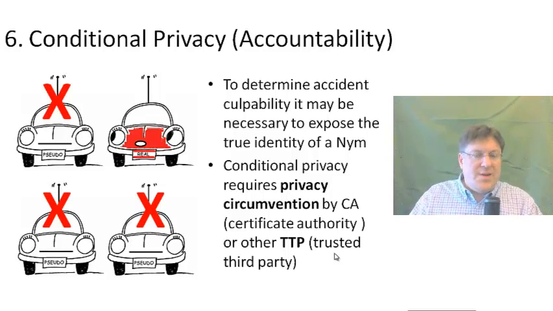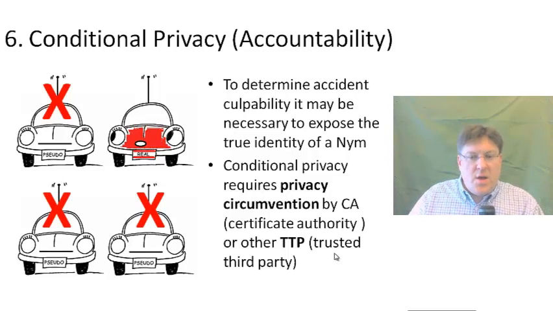Number 6, conditional privacy, we call accountability. Let's suppose there's an accident and somebody needs to find out. They know what the pseudo ID was, but they don't know who it belongs to. There needs to be some method to reverse the privacy protection, perhaps going to the certificate authority and identifying who the original owner, the real vehicle ID, is.